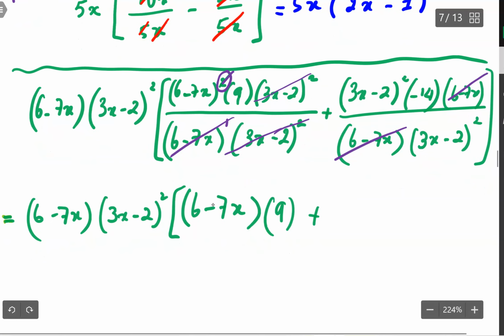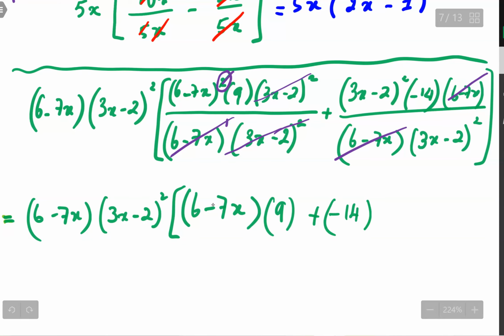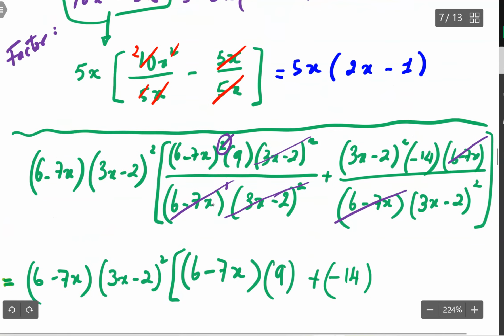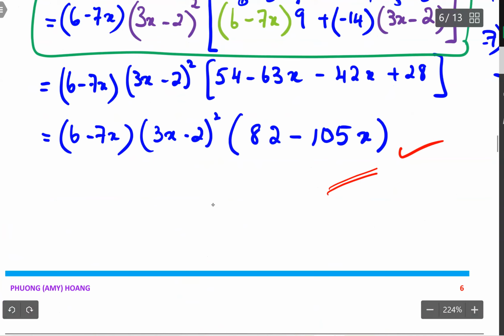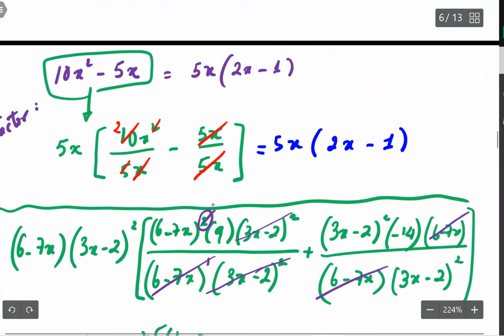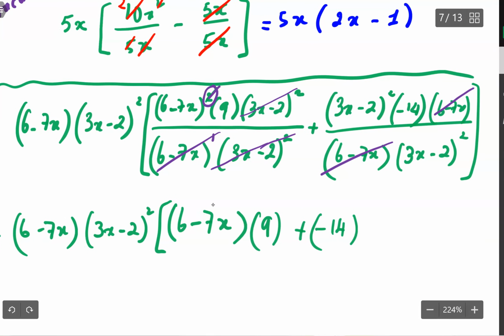For the second one, I still have negative 14 left. But what do I have left now? This should be to the exponent 3. Yes, it should be a 3. So 3, and I simplify with the 1 at the bottom. See, that and that cancel out.